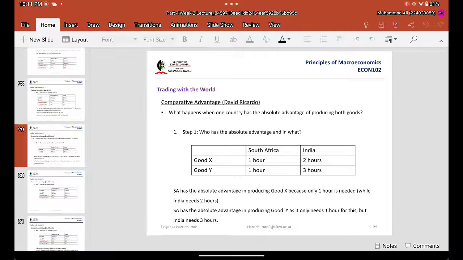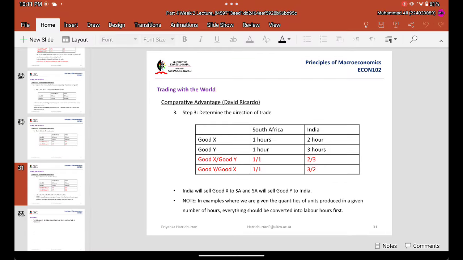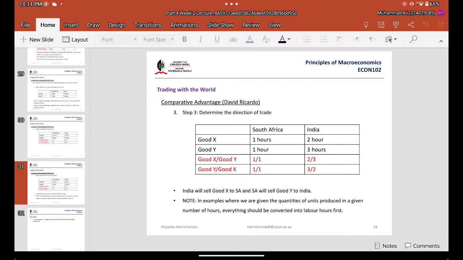Oh, I think I see why they did it. Okay, so this will be South Africa and South Africa. I was trying to see if the conclusion is the same. Okay, so this is 2 over 3. Okay, I see.